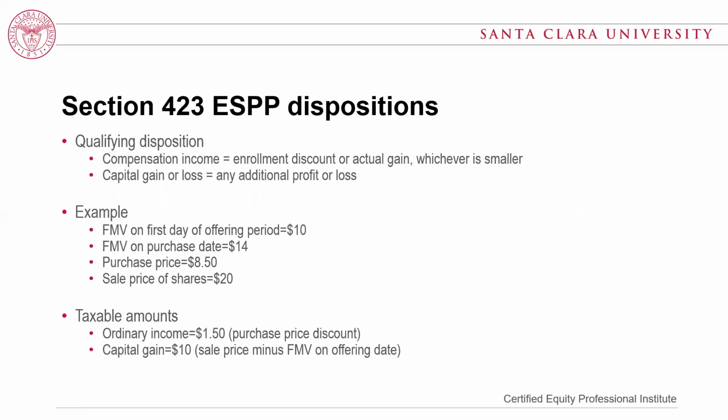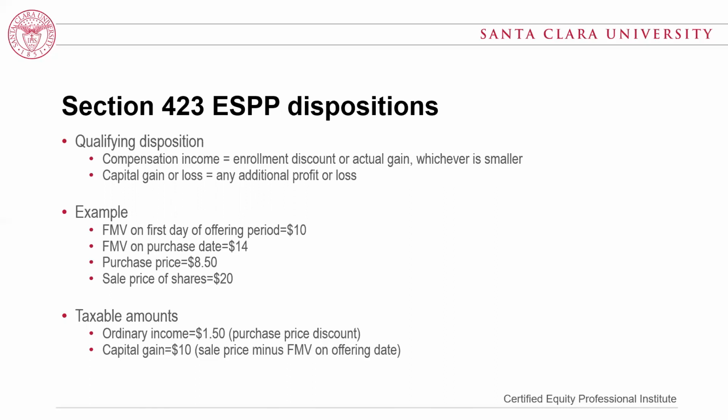Unlike ISOs, there is some ordinary income when Section 423 ESPP shares are sold in a qualifying disposition. The amount of the compensation income is the smaller of the actual gain on the shares or the purchase price discount determined using the stock's price on the grant date, even if that's when the stock's actual purchase price is set.